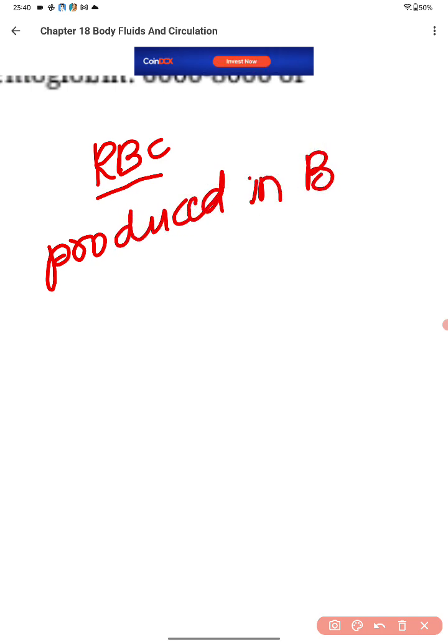RBCs are manufactured, means produced, in bone marrow. I'm writing BM for bone marrow.